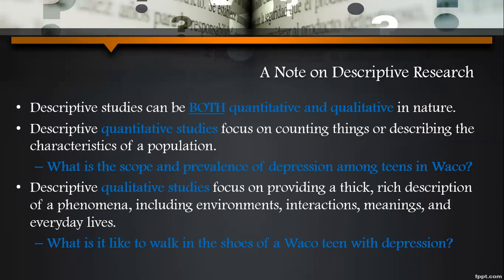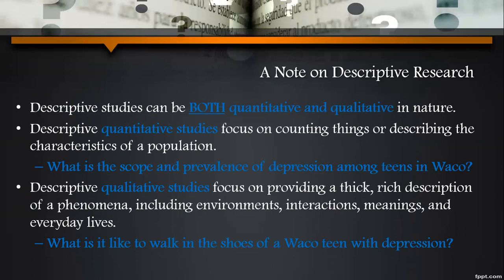And just a quick note on descriptive research. Descriptive studies can be both quantitative and qualitative in nature. Descriptive quantitative studies focus on counting things or describing the characteristics of a population. For example, what is the scope and prevalence of depression among teens in Waco?